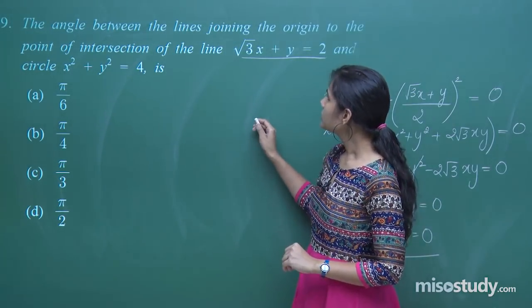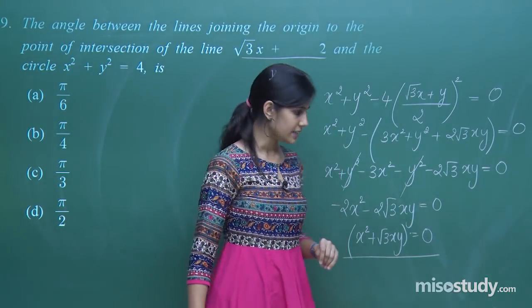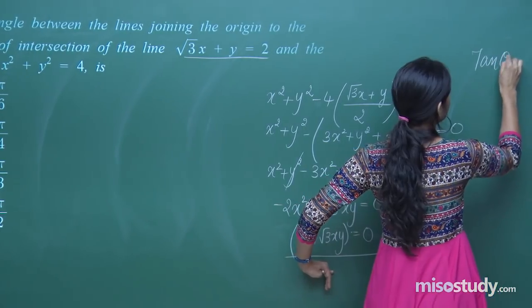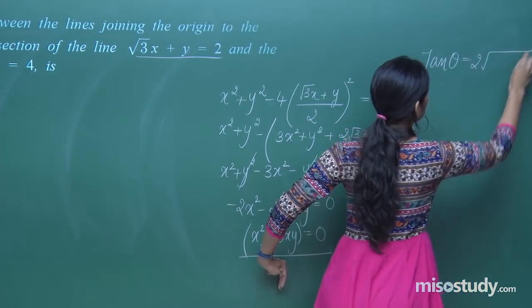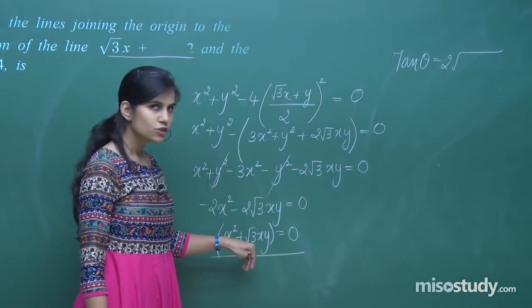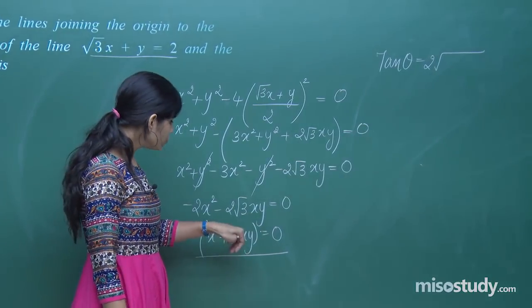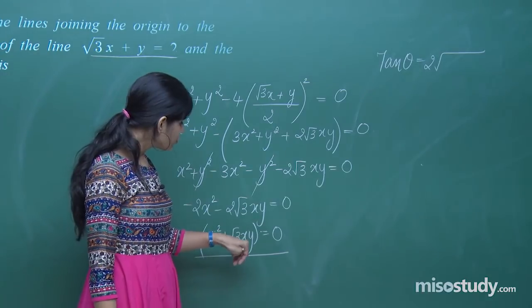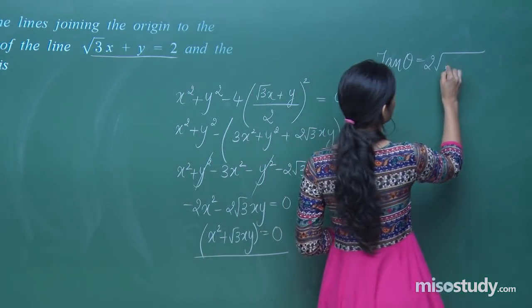And the question is, what is the angle between these lines? So angle again, you know how to get. Tan theta is 2 times root over h square minus ab upon a plus b. H is what? 2hxy, so 2 into root 3 by 2 into xy would have been the general form. So 2 into root 3 by 2, that means h is root 3 by 2.